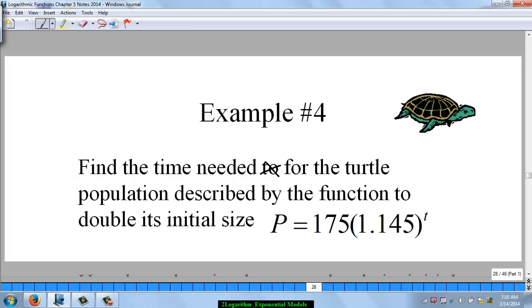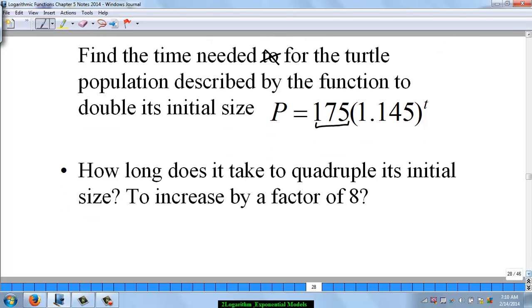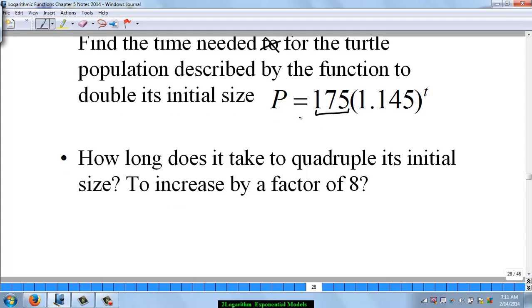This one started at 175 turtles, and it's growing 14.5% per year. So I know eventually the turtles are going to double, so we want to know how long that's going to take to happen. So in this spot here, in the population, we're just going to double it. So if I multiply this by 2, that will show me how long it's going to take to double.